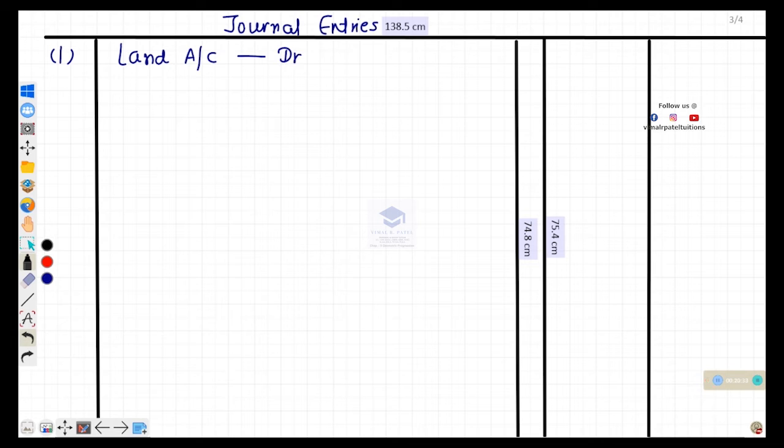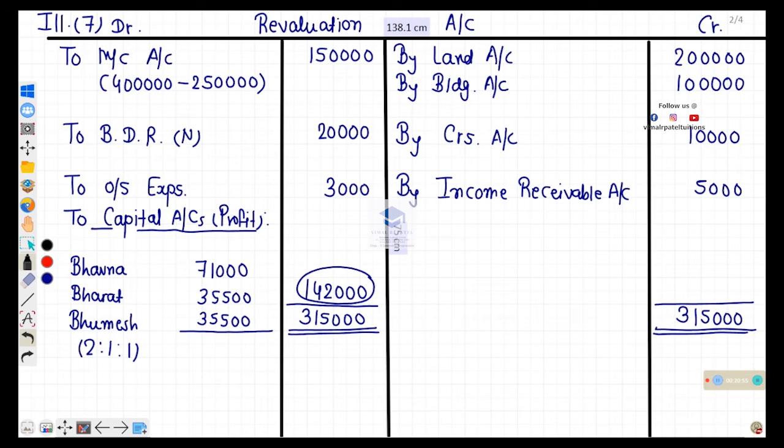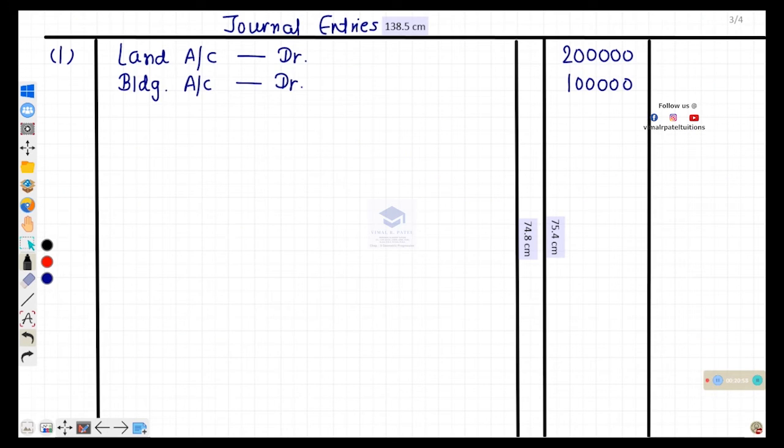Land account debited. Building account debited. Creditors account debited. Income receivable account debited.